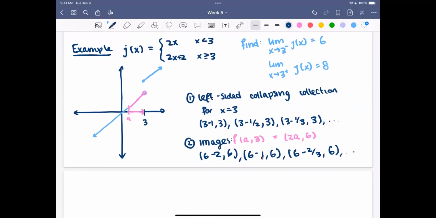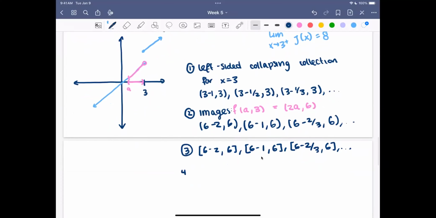Okay, so then the wrappers. Of course, these are just going to be taking the open parentheses and making them closed in this case, because these are all just open intervals. We got 6 minus 2 comma 6, 6 minus 1 comma 6, 6 minus 2/3 comma 6, and so on.